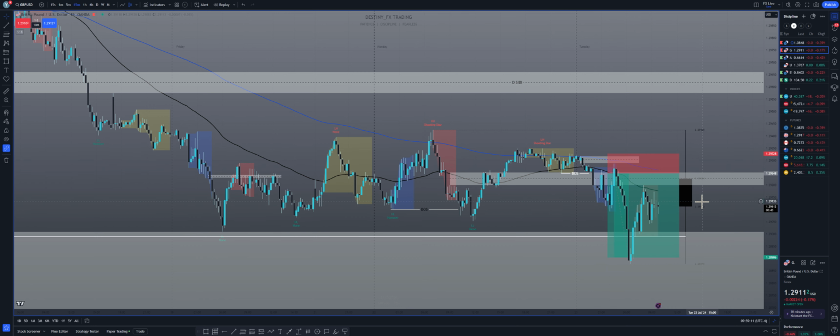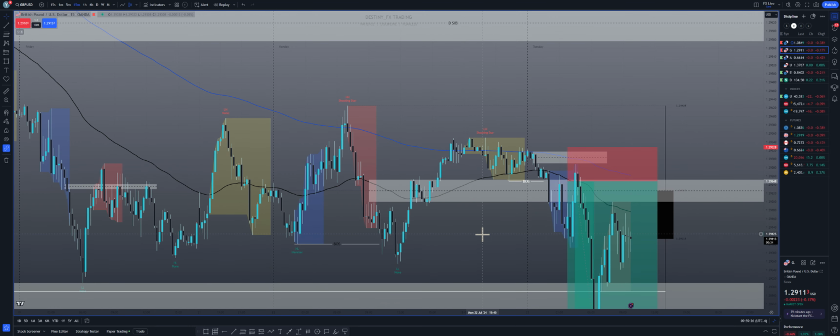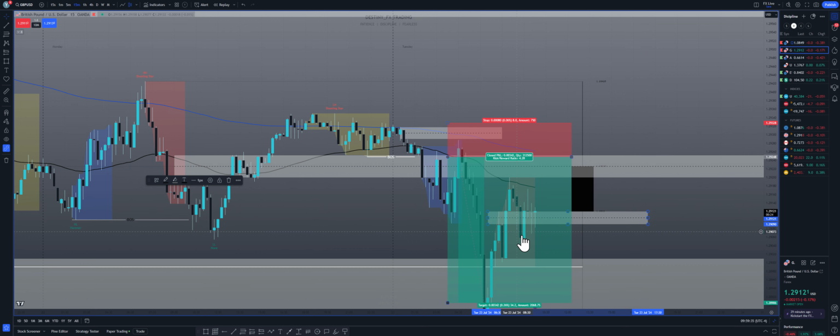And now we can see price has pushed up, and we now have this high to this low, and we need to see if price is ready to use this, as in would it close below, then reject it.